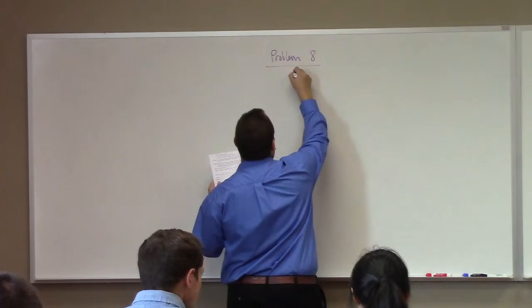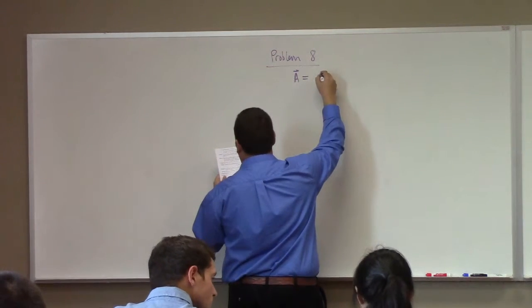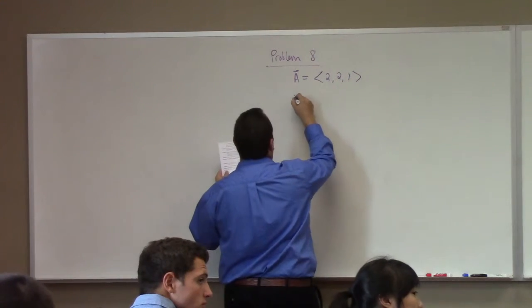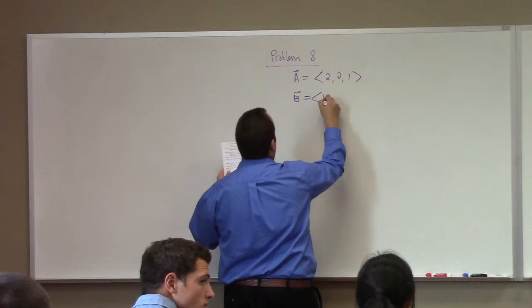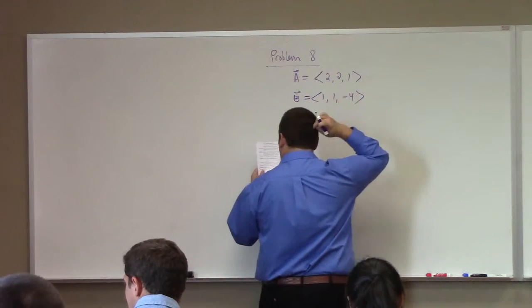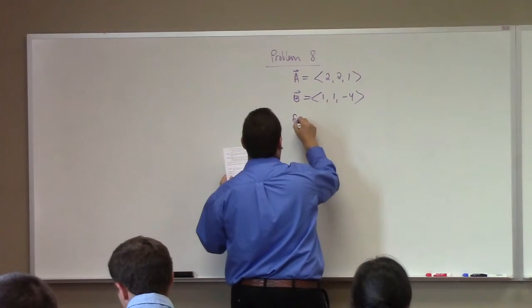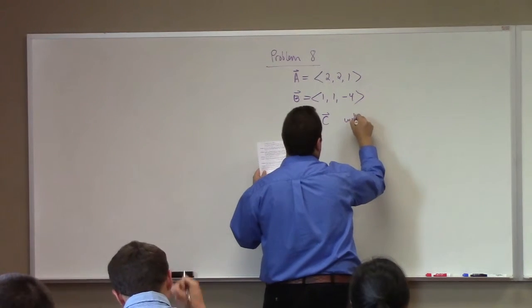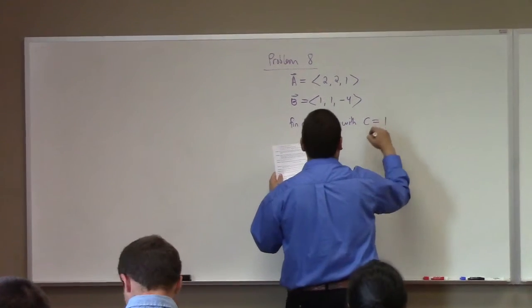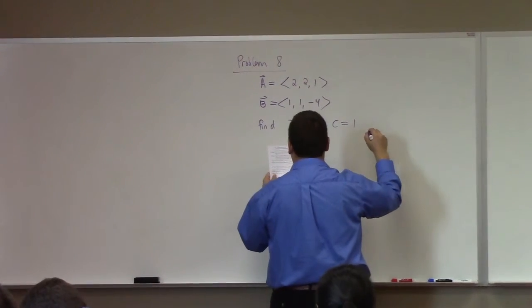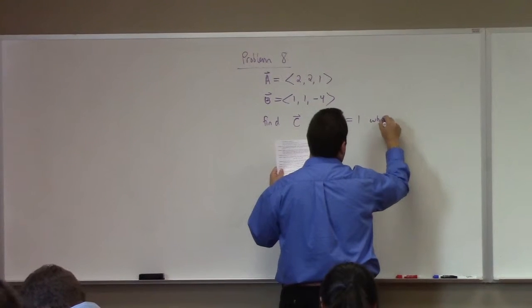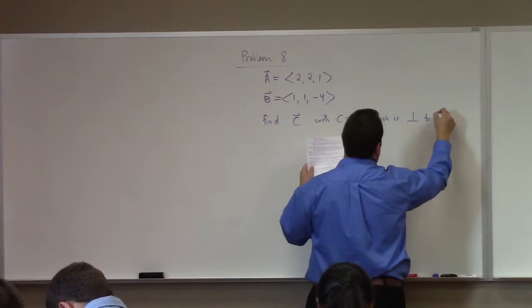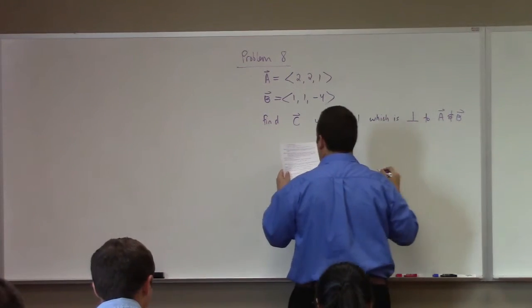So let me just talk about the problem. Let me put the problem up here so we're all on the same page. So you got these two vectors, and you're supposed to find a vector c, length 1. So I could write the magnitude of c equal to 1 to communicate that, which is orthogonal to A and B, right?